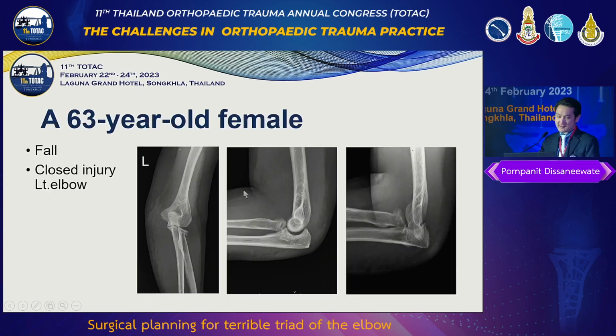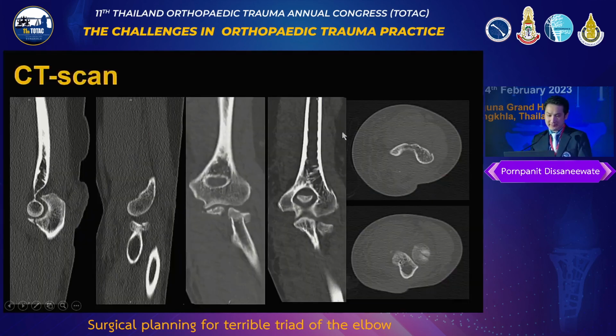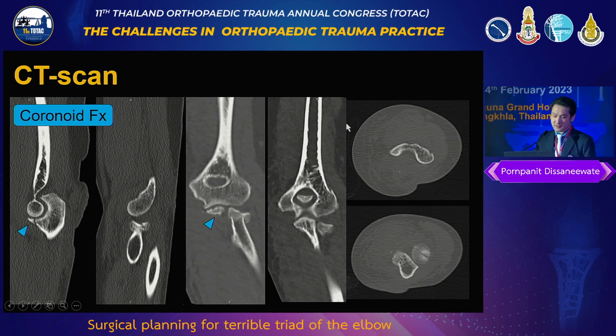So the first case is a 63-year-old female with a cross injury. First we need to identify the injury, right? From the CT scan, you may see this coronoid fracture, quite small, should be type 1. And the radial head fracture looks like a 2-piece. But if you look at this neck area, it's like an impaction.